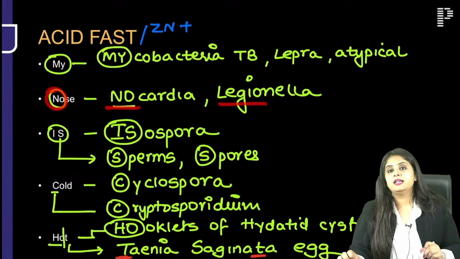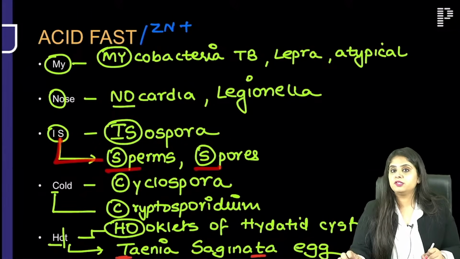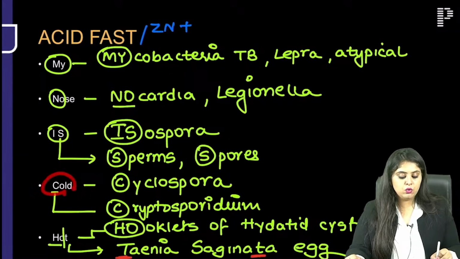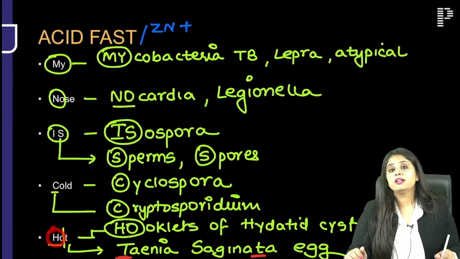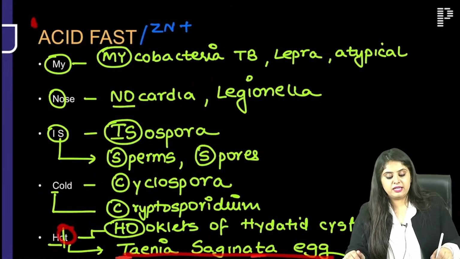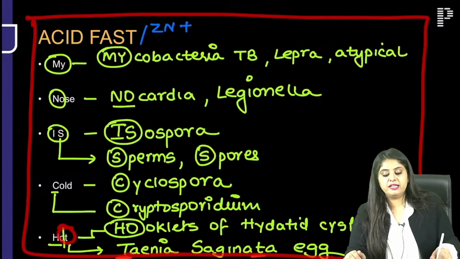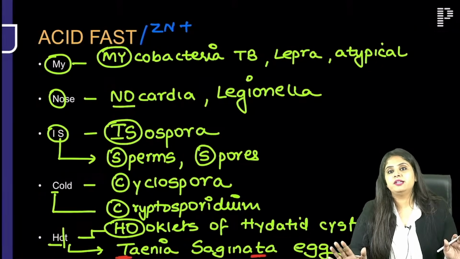No for Nocardia and Legionella. Is for Isospora. S for sperms and spores. Cold for Cyclospora and Cryptosporidium. Hooklet and hot: HO for hooklets of hydatid and T for Taenia saginata egg. After this, I promise there is nothing more in pathology, micro or any subject which is ZN stain positive.